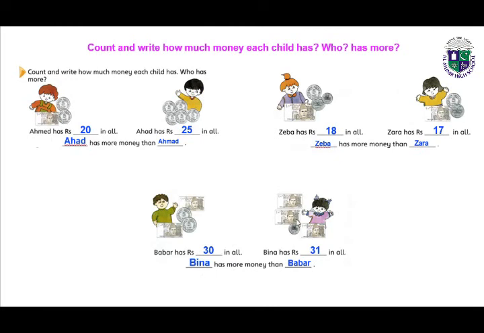So 10 plus 10 is 20, 20 plus 10 is 30, 30 plus 1 is 31. So Bina has 31 rupees in all. So Bina has more money than Babar.